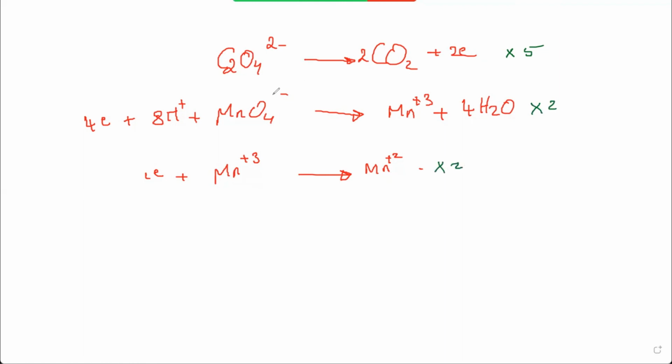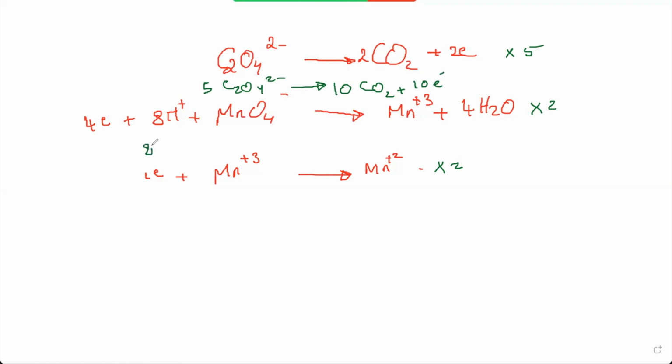Now, let's rewrite the equations so that we deal with fresh equations. So here we'll have 5 C2O4 2-, and this gives us 10 CO2 and 10 electrons. And then the next one, we said we'll multiply it by 2.